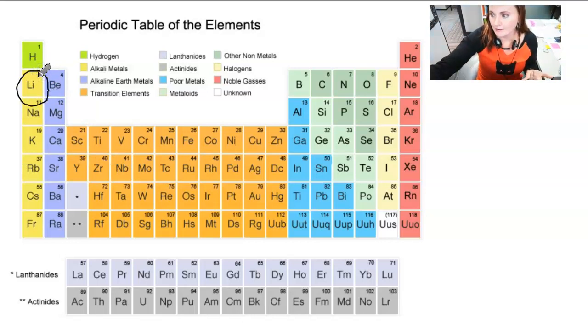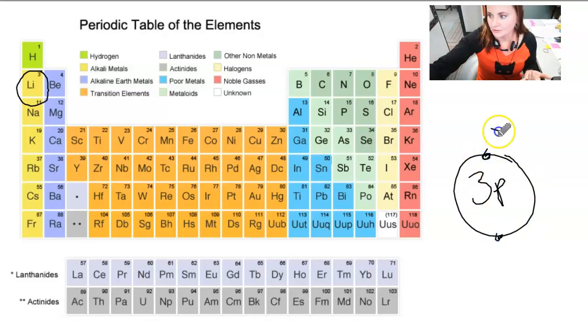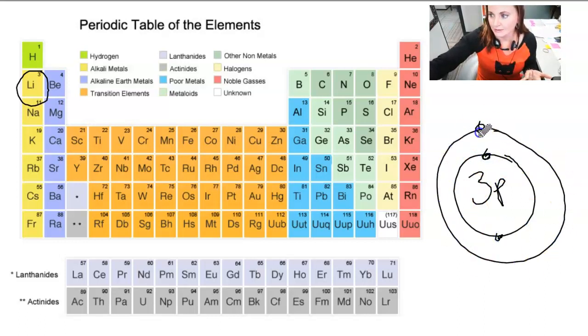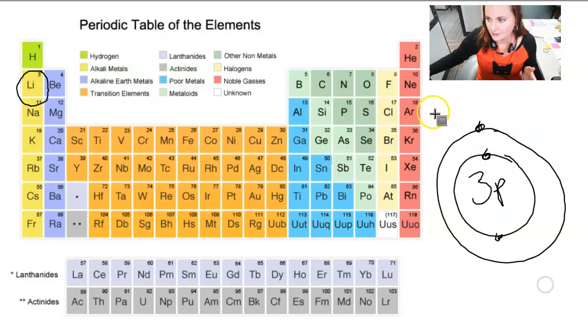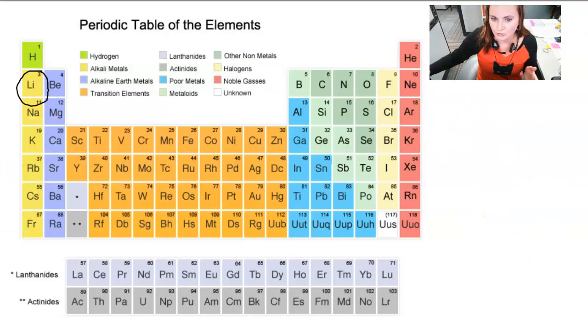Normally lithium would have 3 protons and 3 electrons: 1, 2, 3. And this is actually not the best example. Lithium is a bit of an exception to the octet rule. So let's do sodium instead. We'll just go one more down.